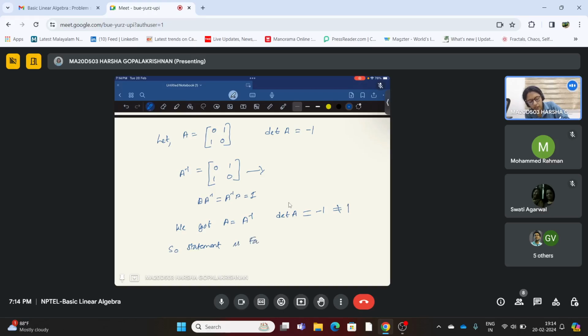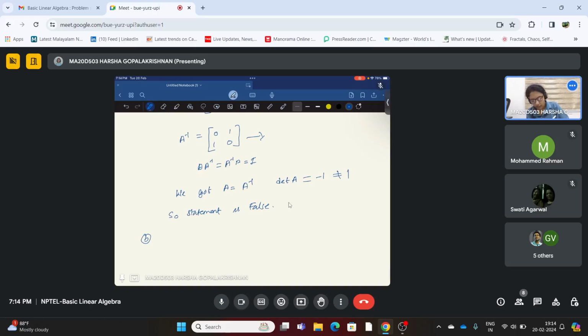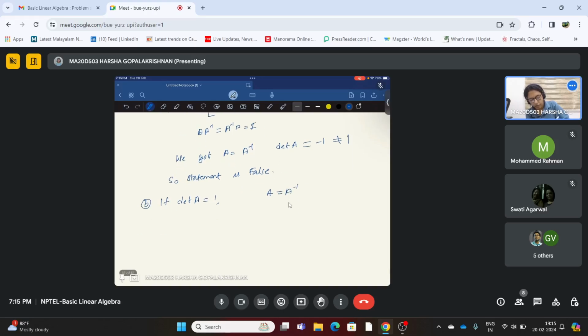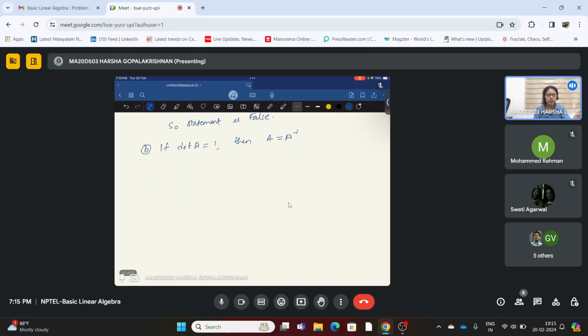Any doubt? Now we can see the converse. I am asking, if determinant is 1, then A equal to A inverse. What about this statement?